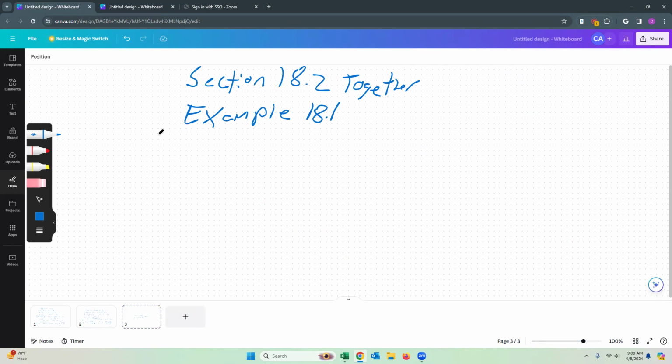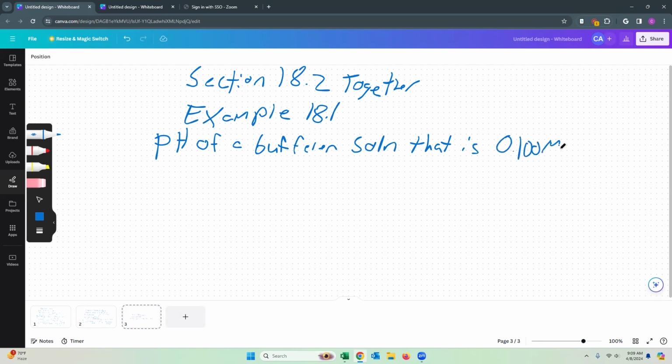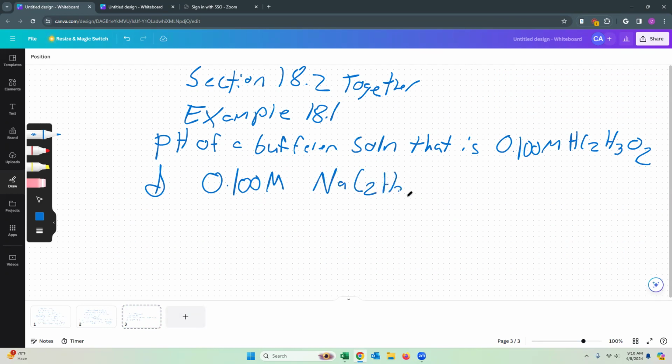The question is, what is the pH of a buffered solution that is 0.100 molar HC2H3O2 and 0.100 molar NaC2H3O2? The Ka of your acid is 1.8 times 10 to the minus 5.